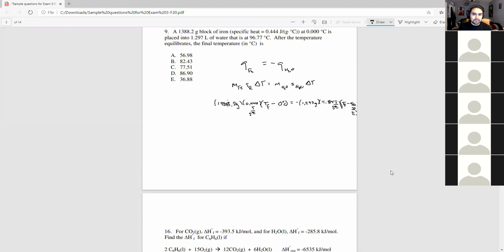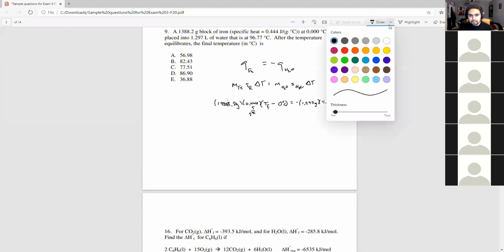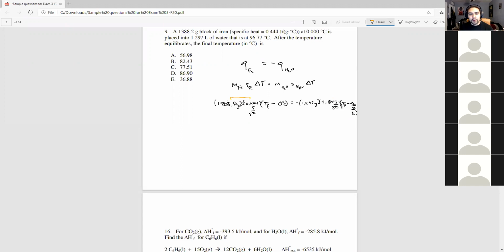So after this, what did we do? You should multiply 1388.2 times the specific heat, which is 0.444. And then what number do you guys get when you multiply that out? Wait, sorry, do you have to solve for the final temperature? Yes. Here we're solving for a final temperature.